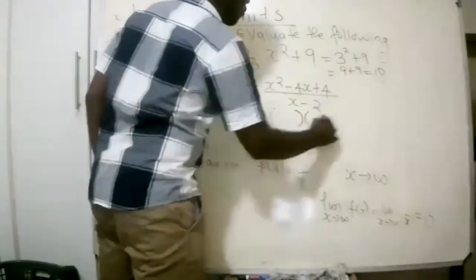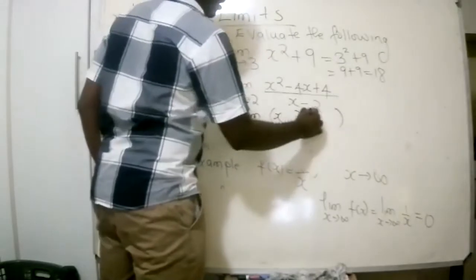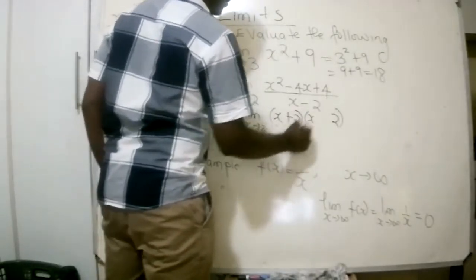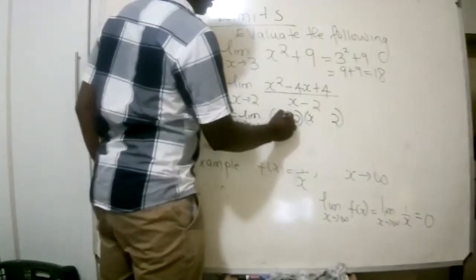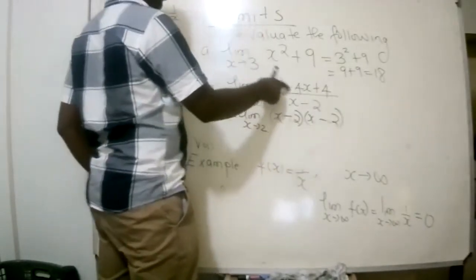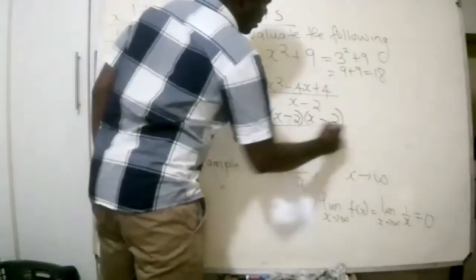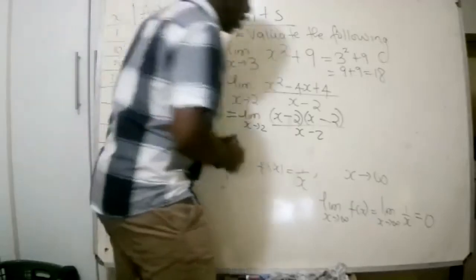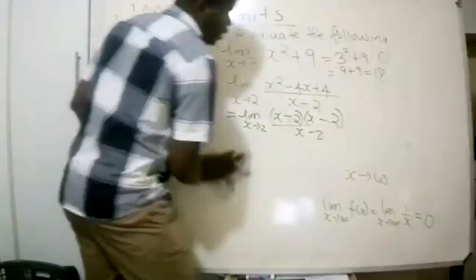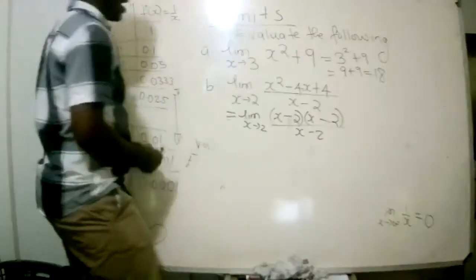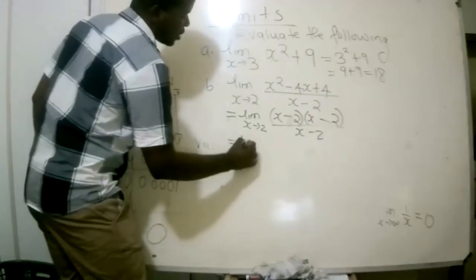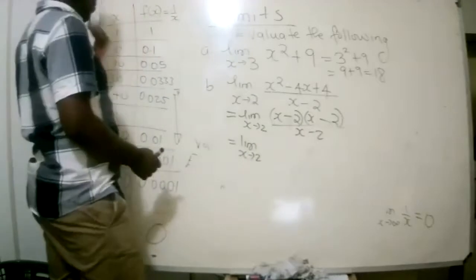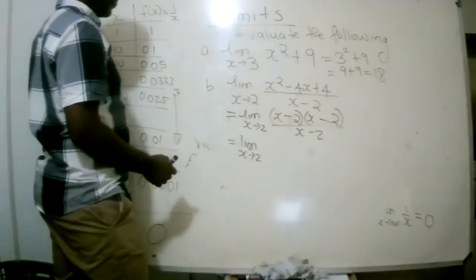So the factors of the numerator would be x minus 2 and x minus 2. Both must be negatives in this case, in order to get x squared minus 4x plus 4, and then divided by x minus 2. So we just factorize the numerator. After factorizing the numerator, you will see there are terms which are canceling each other. And when some terms are canceling each other, what will you be left with then if you cancel some terms together?